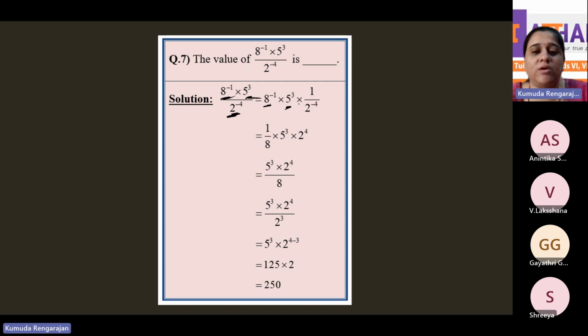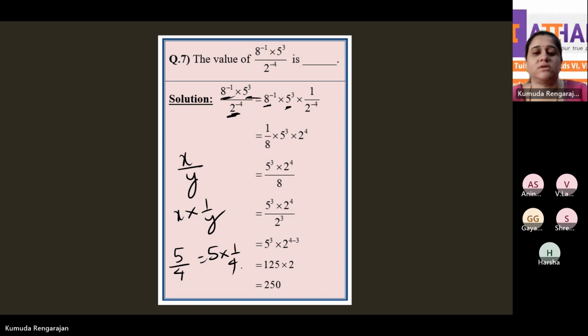If this is in the denominator, how do you write it? See, if you have x by y, how do you write it? x into 1 by y. x by y is nothing but x into 1 by y. 5 by 4 can be written as 5 into 1 by 4.